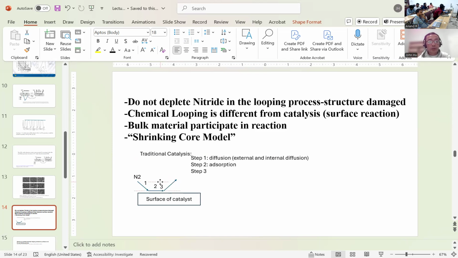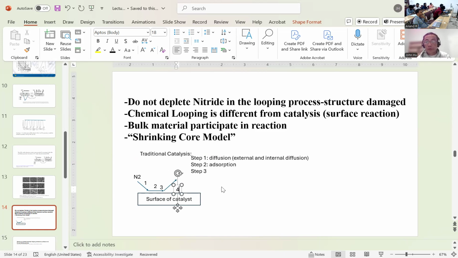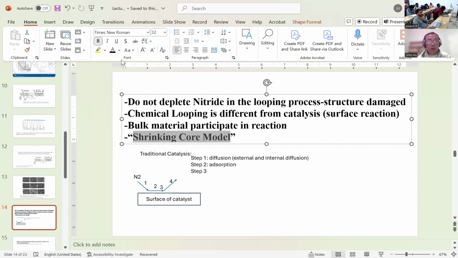Steps 2 and 3 are on the surface. Very important. If you learn catalysis and try to apply it to chemical looping, it won't work. That's why they had to develop the model called the shrinking core model.